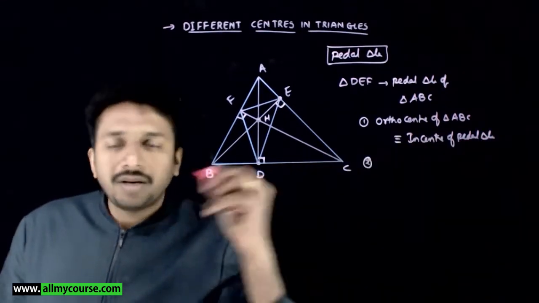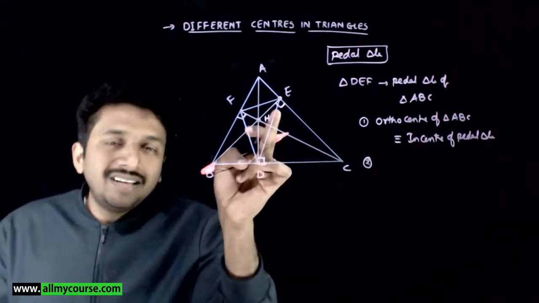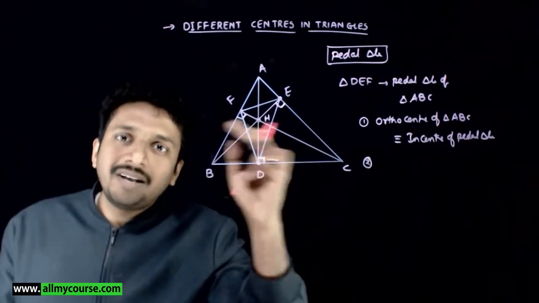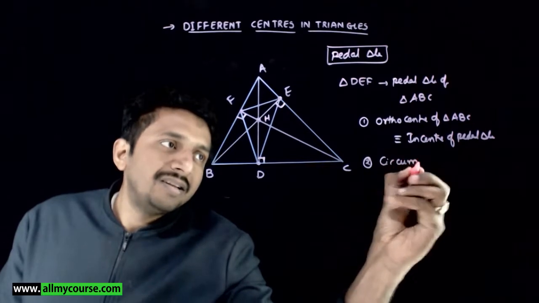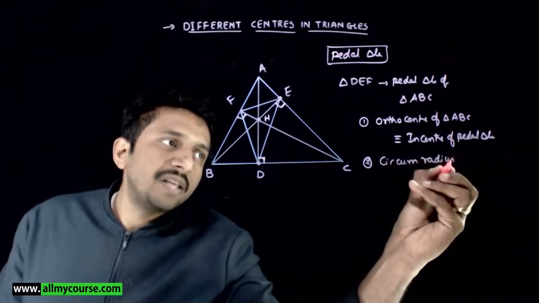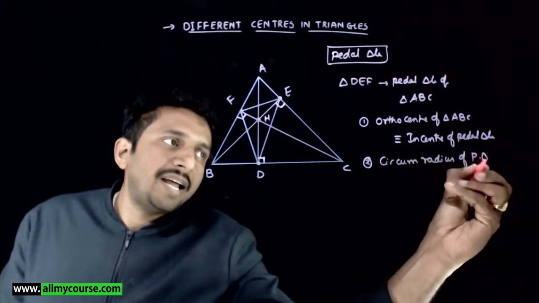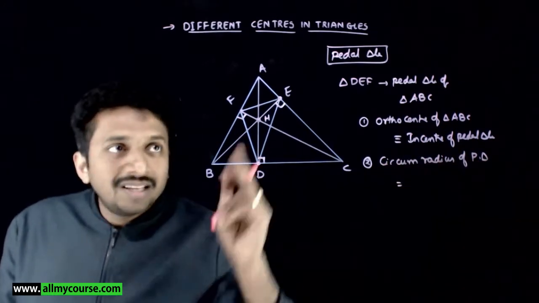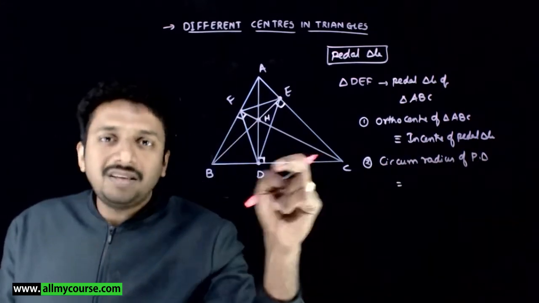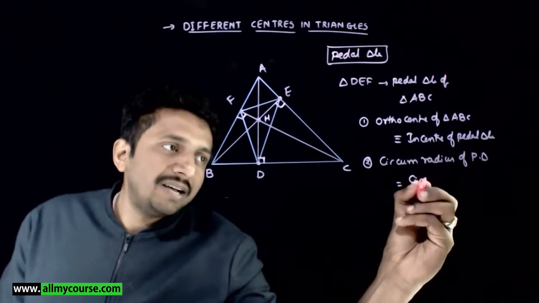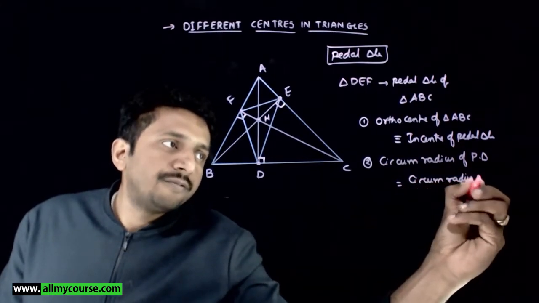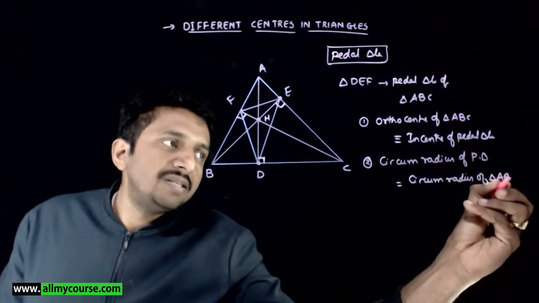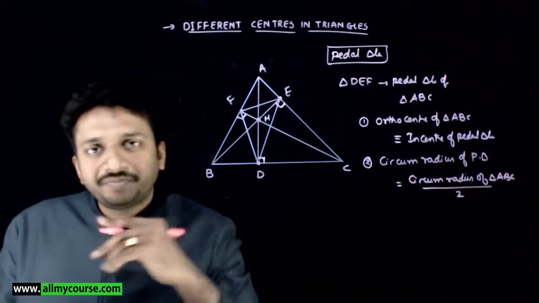And the second point which you need to understand is that the circumradius of the pedal triangle is equal to the circumradius of triangle ABC divided by 2.